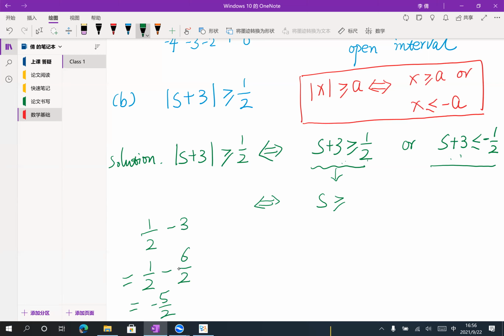So S is larger than or equal to minus 5/2. This is the first solution for this inequality.